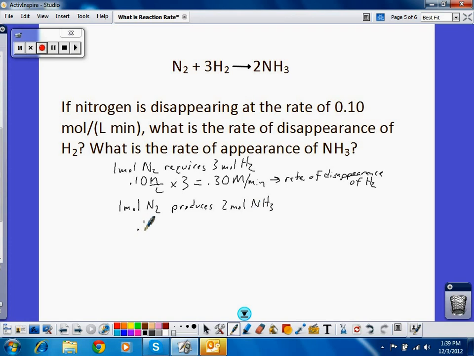So, if I'm going along at a rate of 0.1 mole per liter per minute, if I multiply that by 2, that tells me I get 0.2 moles per liter per minute, and that is the rate of appearance of ammonia.